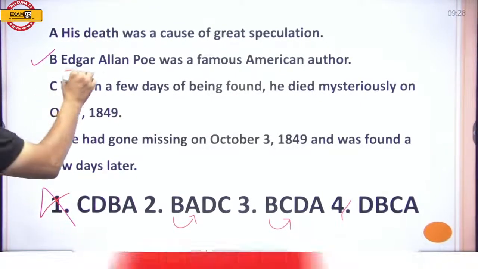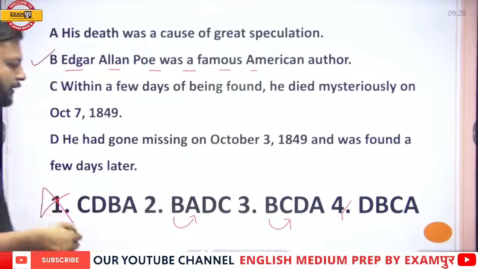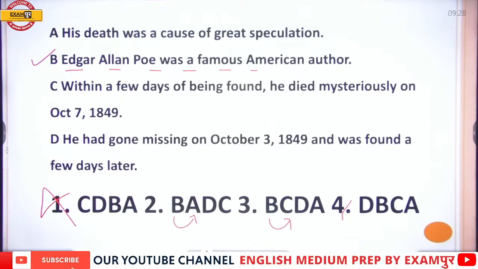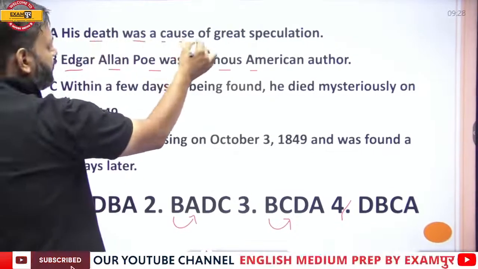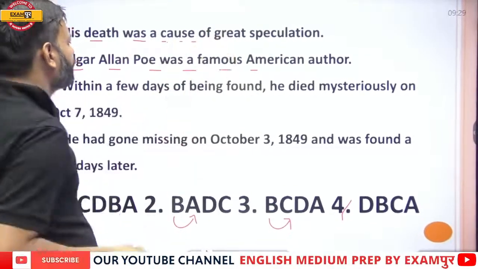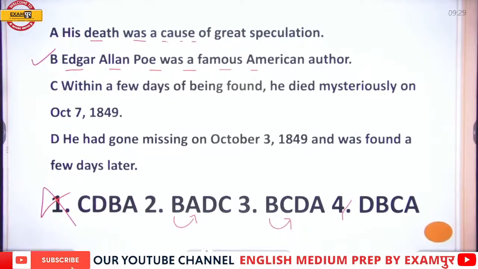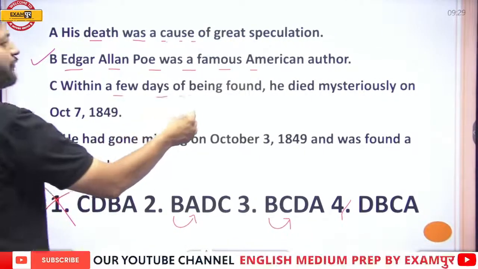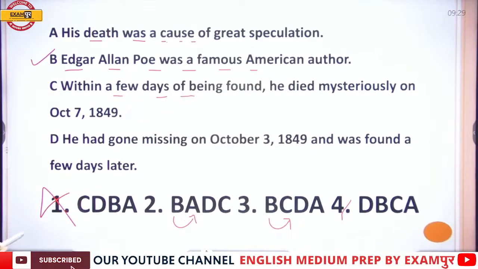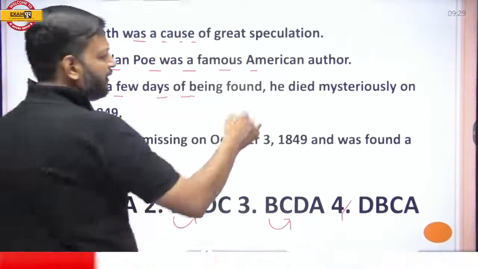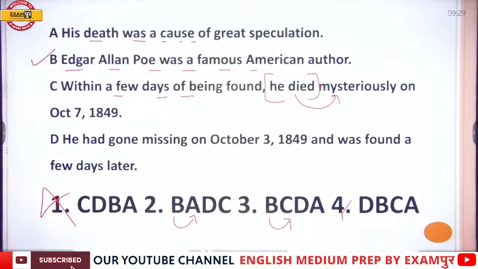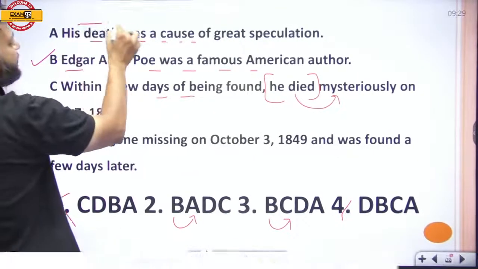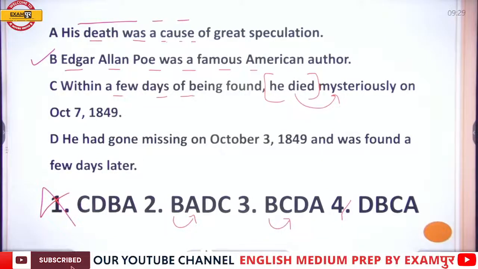So B is Edgar Allan Poe was a famous American author. Okay, A is his death was a cause of great speculation. And in option C, within a few days of being found, he died mysteriously in October. So first we'll say that he died mysteriously. Then only we will say that his death was a cause of great speculation.